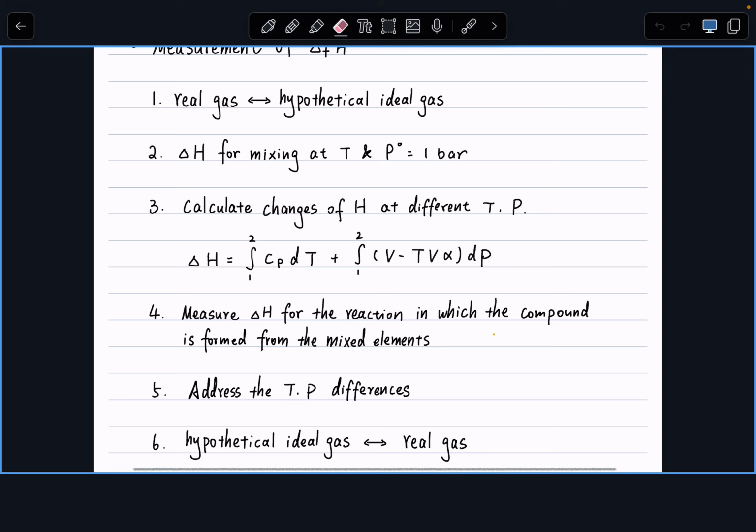And now we have HCl gas real at 1 bar and 298 Kelvin. So far so good? About the last one. We'll transfer that real gas back to ideal gas to finish our original equation.